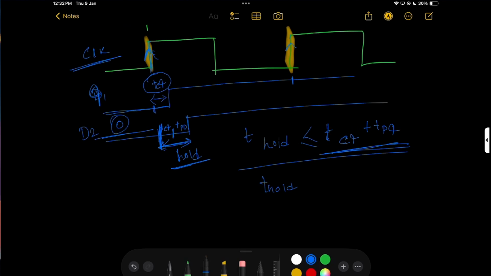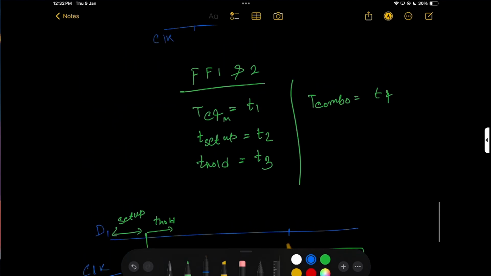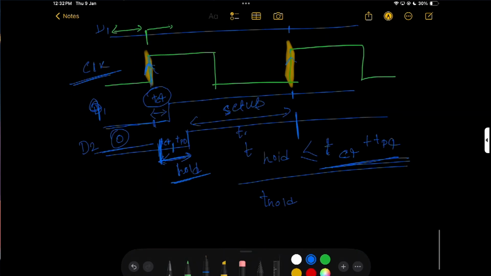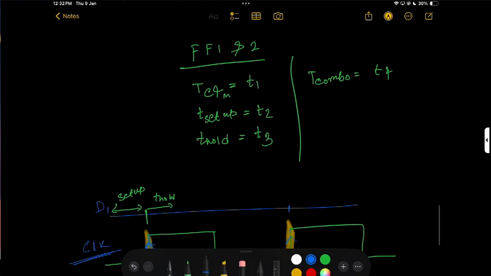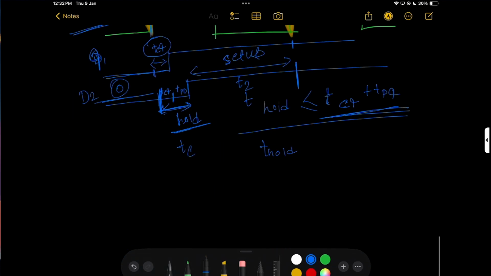And what is the setup time? When the next clock is coming, this is the period for setup, so setup time should also not be violated. For setup time I take T2, and TCQ1, the clock to Q delay, is T1.